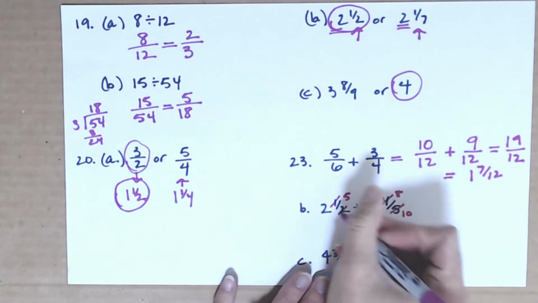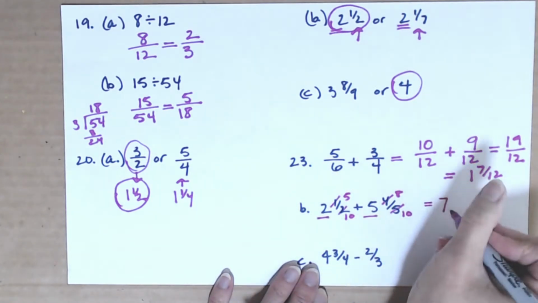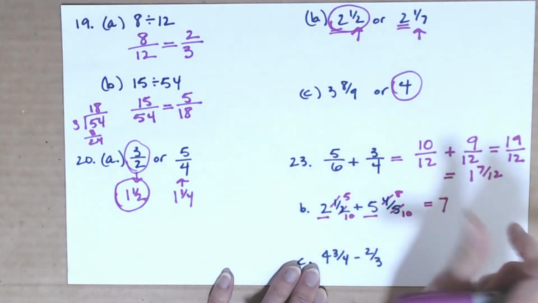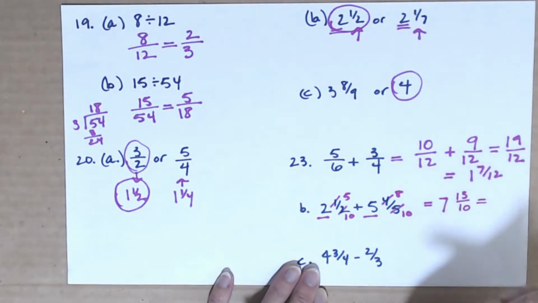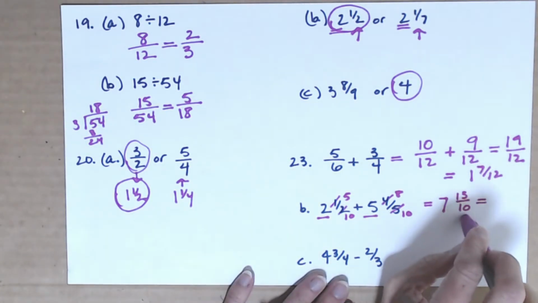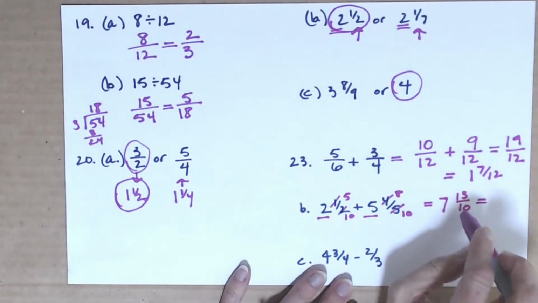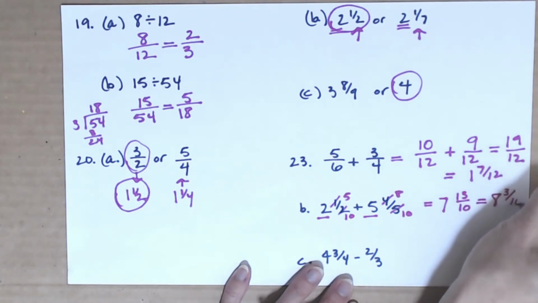So now I can add my whole numbers. 2 plus 5 is 7, and now I add my fractional parts. 5/10 plus 8/10 is 13/10. But I have a whole number in 13/10 because that's really 1 3/10. So I combine the 1 with the 7 and I get 8 3/10.